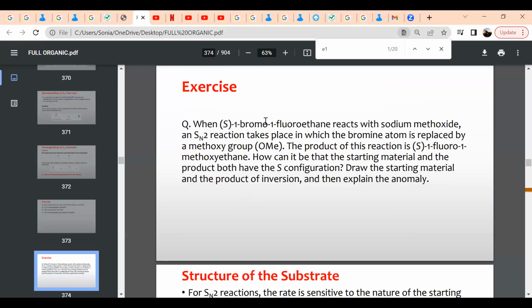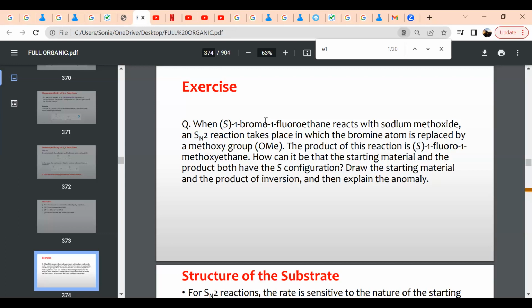When S1-bromo-1-fluoroethane reacts with sodium methoxide, an SN2 reaction takes place in which the bromine atom is replaced by a methoxy group. So the product of this reaction is S1-fluoro-1-methoxyethane. So how can it be that the starting material and the product have the S configuration? Draw the starting material and the product of inversion and explain the anomaly.